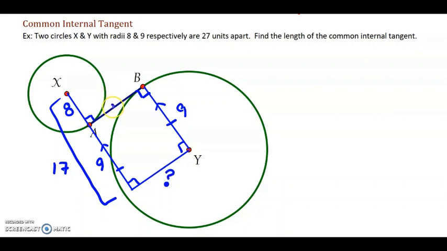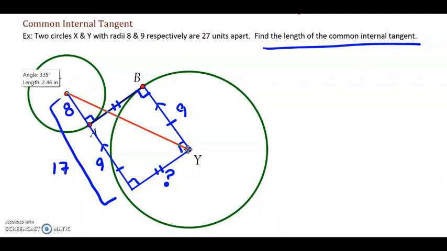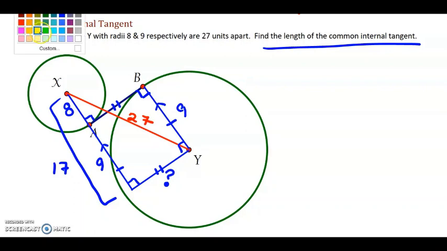That's the common internal tangent, which is the measure that I'm looking for. I do know, however, that the centers of the circles are 27 units apart. So now I've created a right triangle.